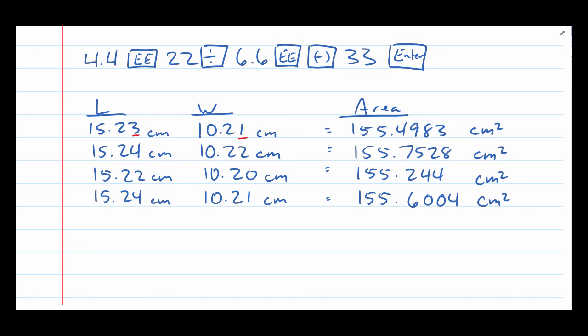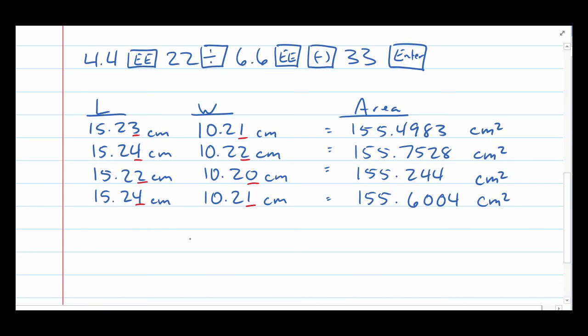And so remember, with each one of these length and width measurements, which digit is the uncertain digit in each one of these? The 100th place. So we go down, and this here, I'm just emphasizing, is the uncertain digit. Well, then what we do is we look at our area over here.